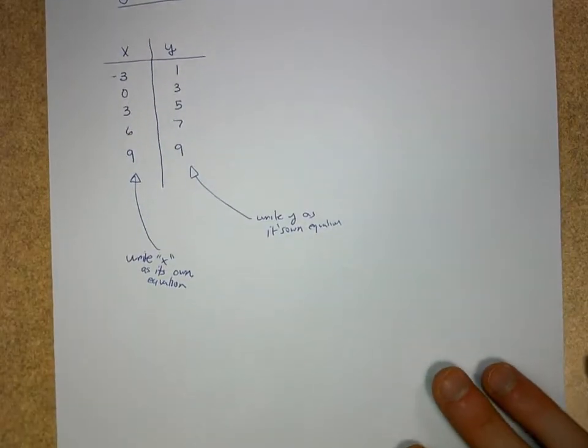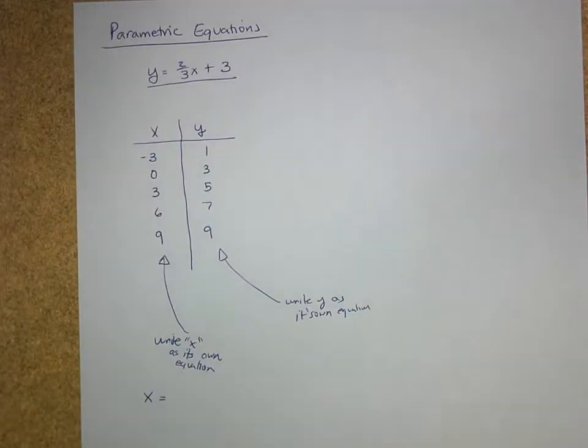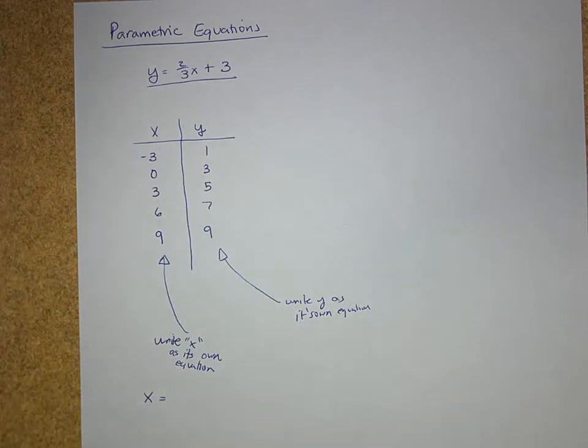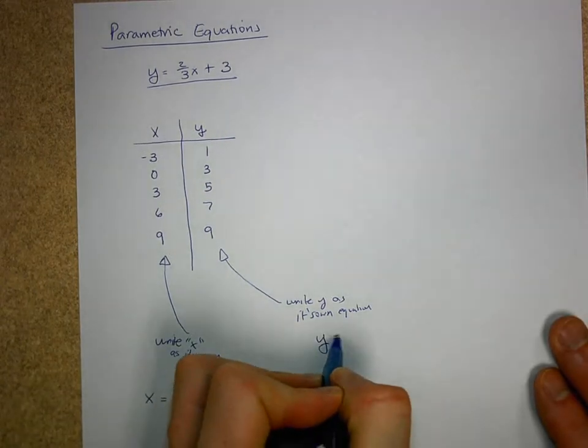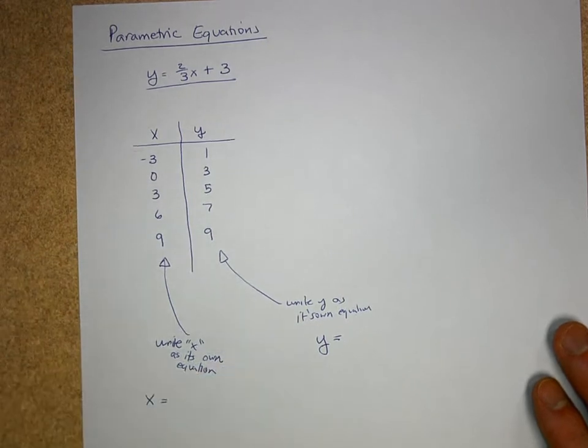So let's see what that would look like. This x column, there's a relationship there. And I need to come up with a relationship where I can plug in some other variable and solve for x. And I can't use x's and y's because I've got x equal here because these are my x values and this will be my y's.